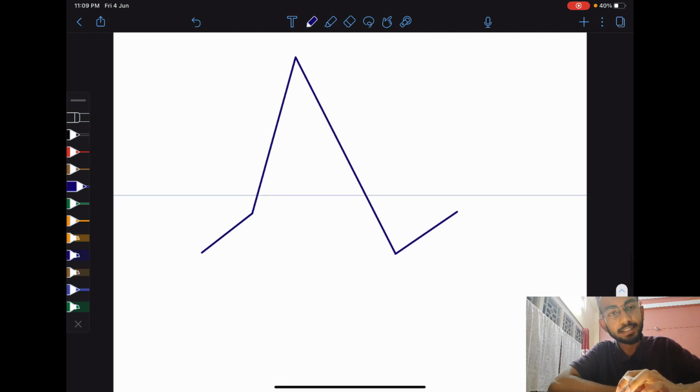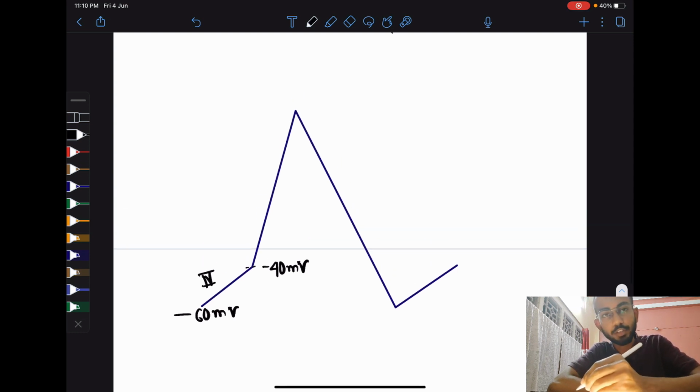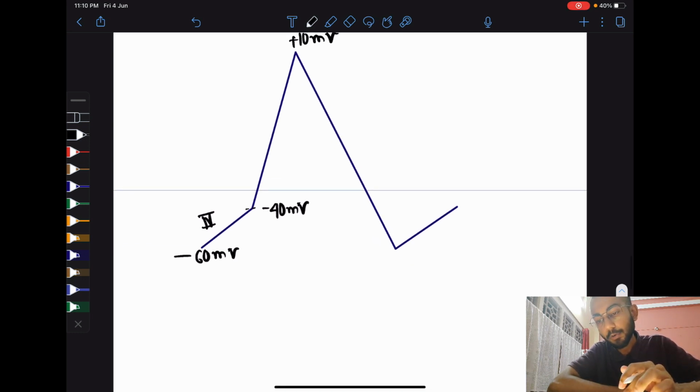So this is exactly how a pacemaker potential looks like. This is minus 60 millivolt. This will be minus 40 millivolt, which is spontaneous, or the phase 4, right? And then the actual depolarization will start. But until when? Until a spike potential of plus 10 millivolt, right? And after that, repolarization phase will start, right?